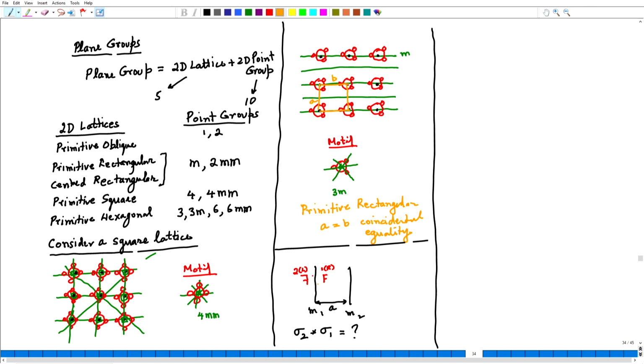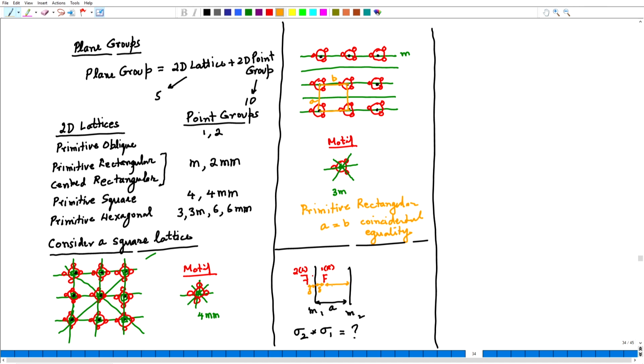Let us say that the first motif has a distance of delta from M1. The reflection, motif number 2, would also be at a distance of delta on the other side of the mirror. Then let us figure out some more lengths here.